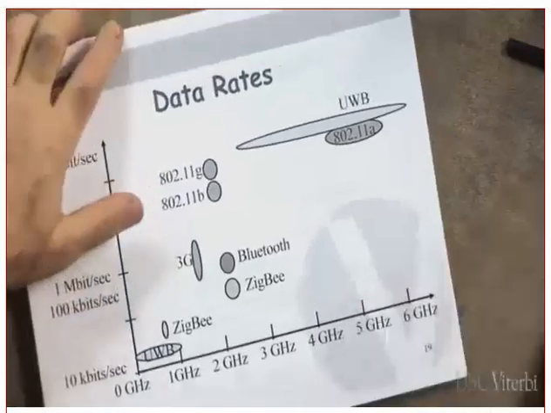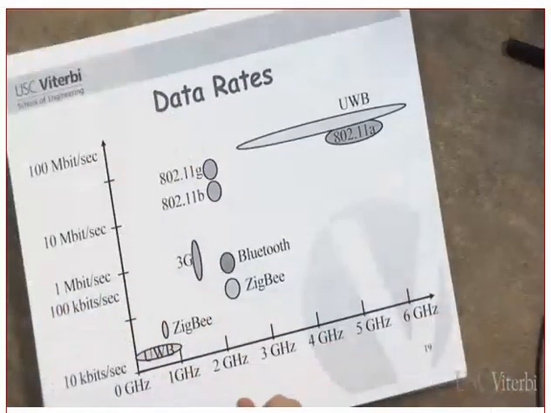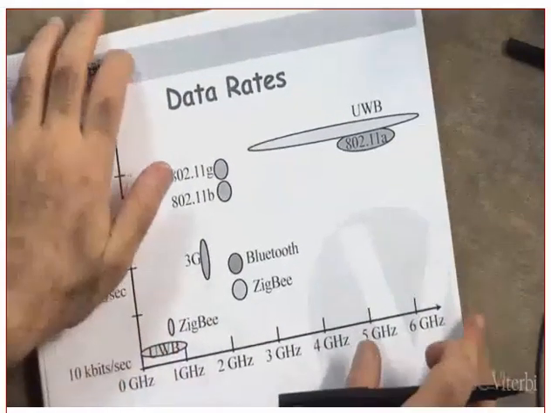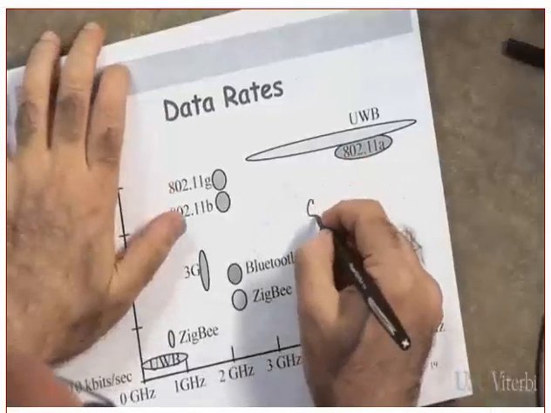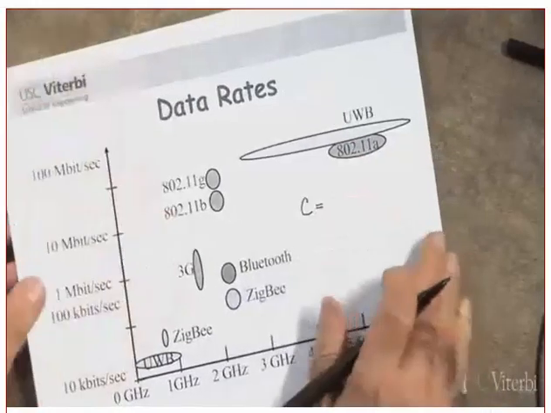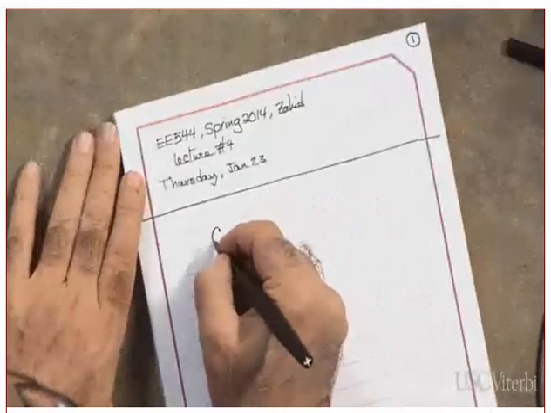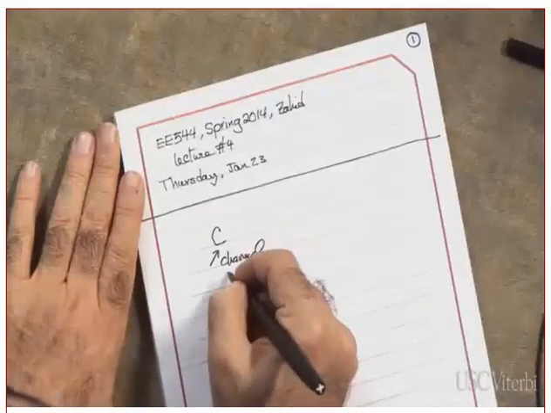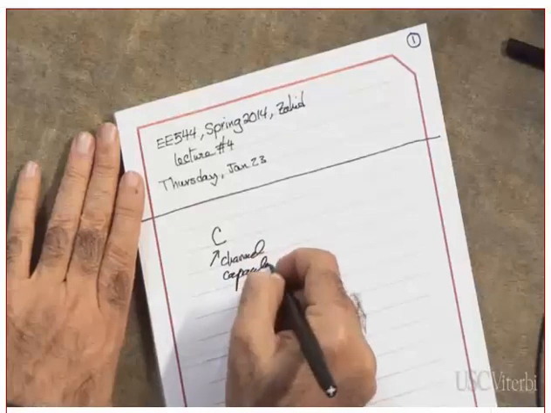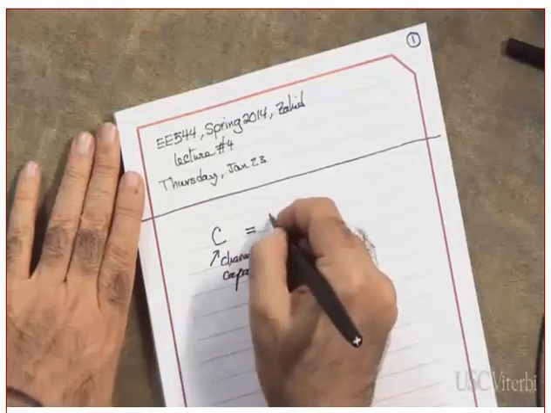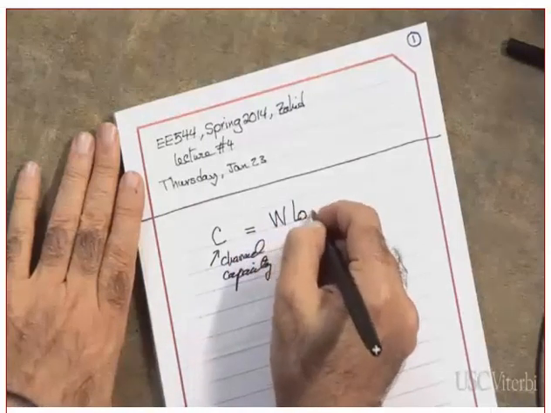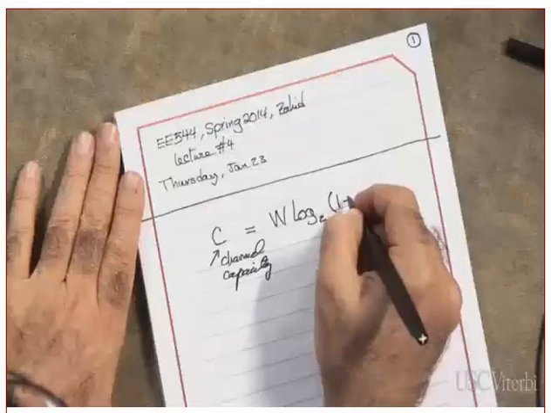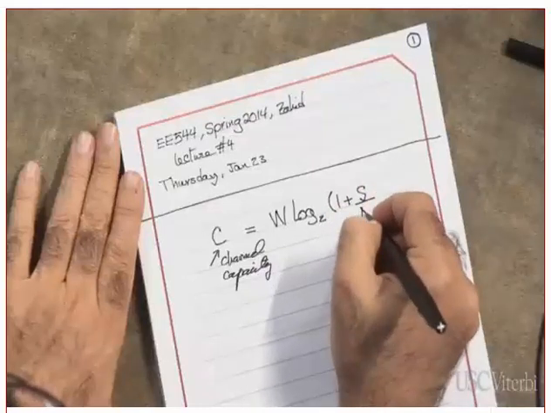Let's see if you have seen this before. Have you heard about Shannon? What did he say? He says C, let me write it here. Don't worry about this right now. C is the channel capacity, equal to W log base 2 of (1 plus S over N).